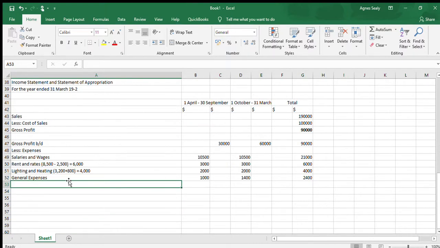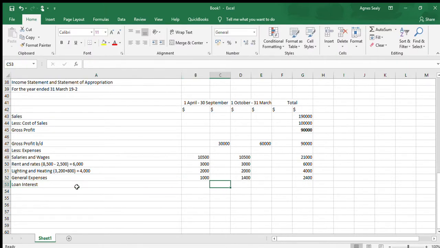So we have loan interest. And as we said, this loan was not made during this period here. Between April and the 30th of September, there wasn't a loan. Crook didn't give a loan to the partnership. He brought in the loan at the beginning of October.